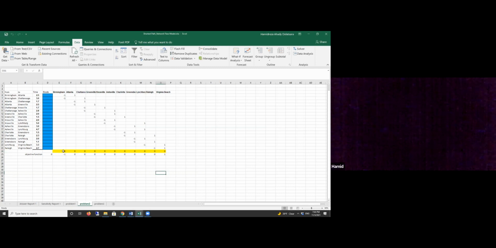So the first yellow one, if it should equal -1, just means my only option is going out. For Atlanta it is 0, so it's just saying one of the -1s should have the decision variable of 1, and one of the plus 1s should have the decision variable of 1: minus 1 plus 1 is 0.